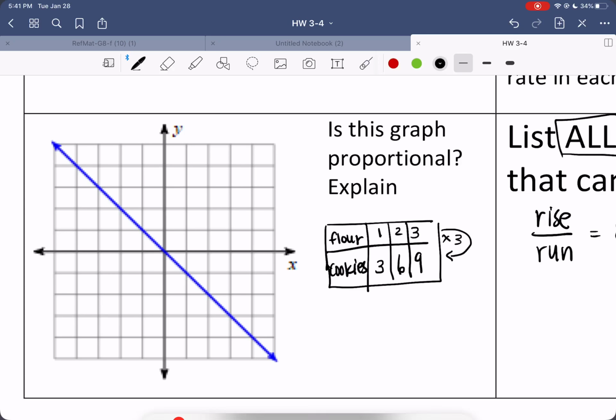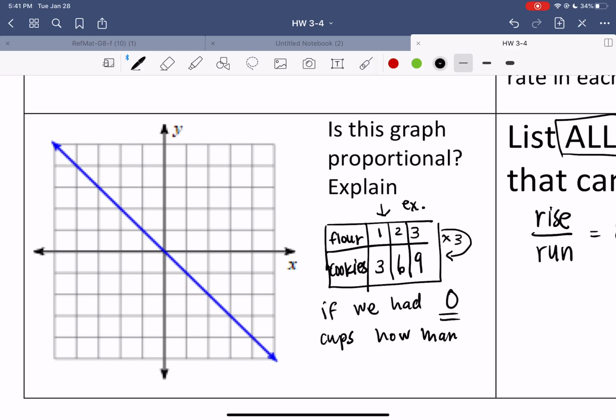So this right here would be an example of a proportional relationship. So if we had 0 cups, how many cookies? So hopefully you thought, okay, if I had 0 cups of flour, I would have 0 cookies.